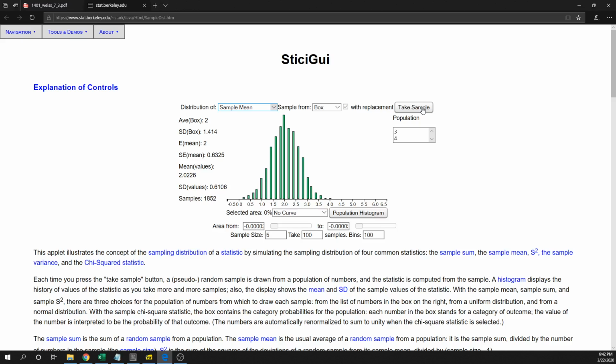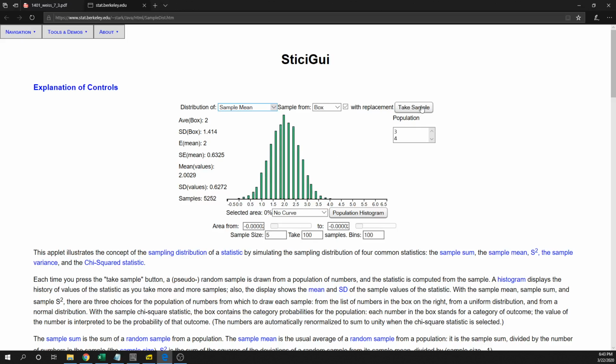All right, and you can see the more samples we take, all right, so we're up over 5,000 samples taken. What is the histogram starting to look like? It's starting to look like a bell-shaped curve like that.